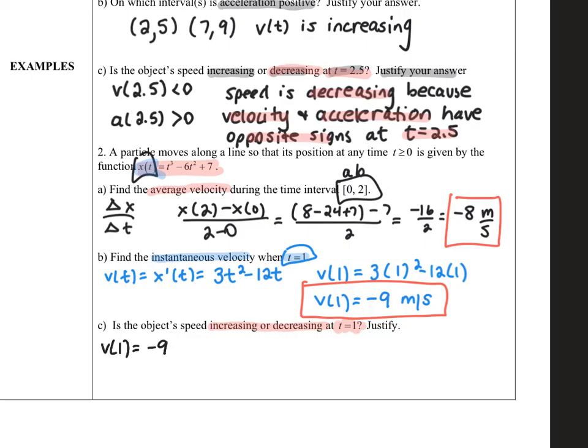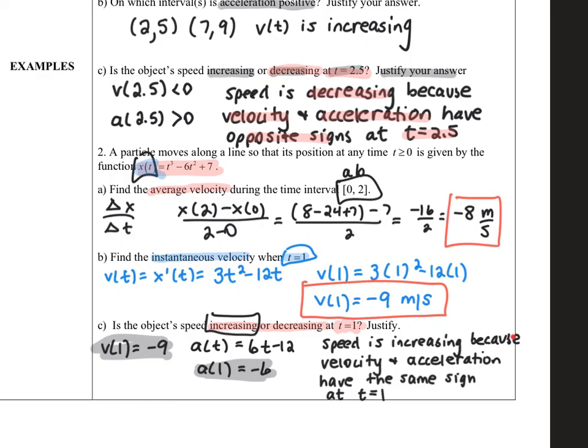I need to find my acceleration at 1, so I'm going to have to show that acceleration function first and then plug a 1 into it. When I do that, I get my acceleration at 1 is -6, my velocity at 1 is -9, and because they are both negative, they have the same sign, I know that my speed would be increasing because they have the same sign. And so I just summarize that in a statement like this.